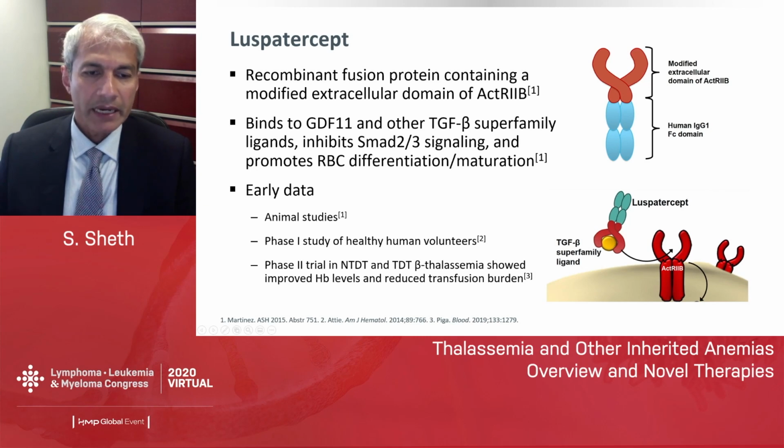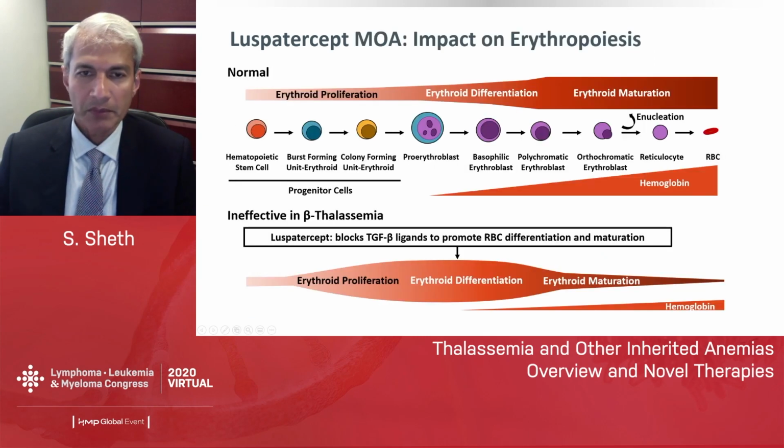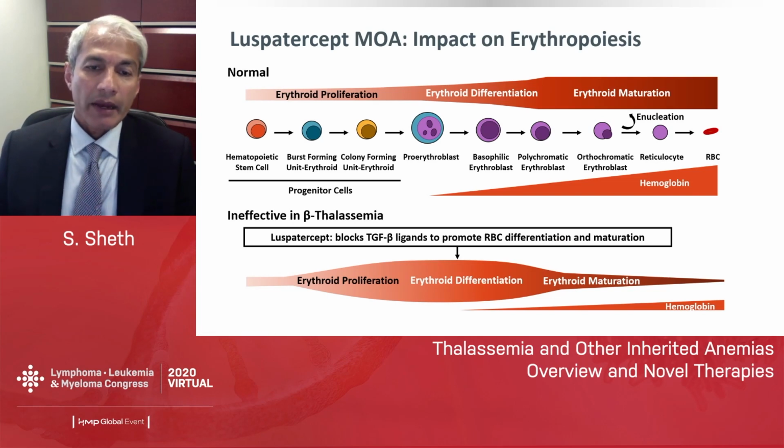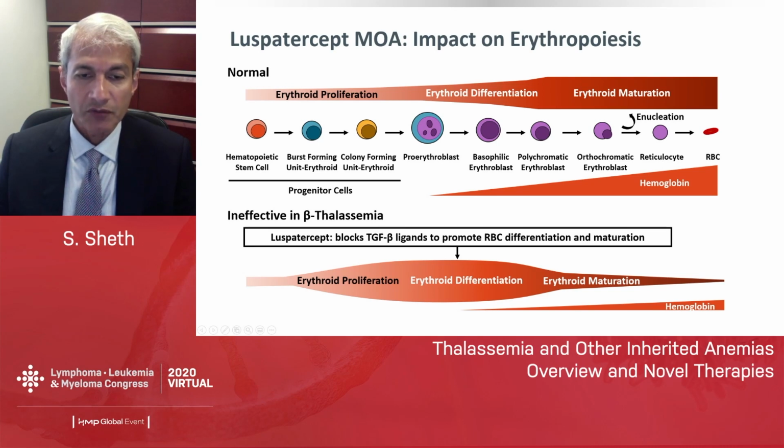There's early animal data, there's phase 1 and phase 2 trials which have been published, so I won't spend much time on that. And this once again shows that schematic of normal erythropoiesis and ineffective erythropoiesis, and this is where the TGF-beta ligands will act by blocking differentiation.